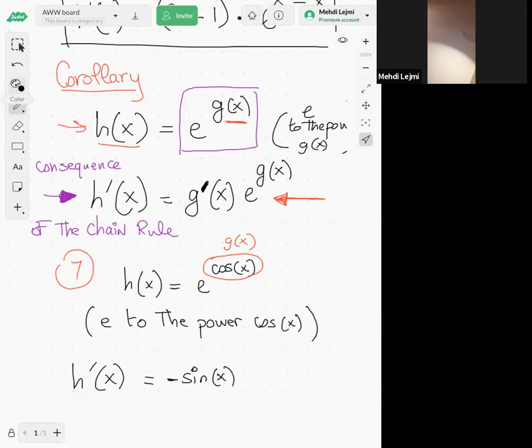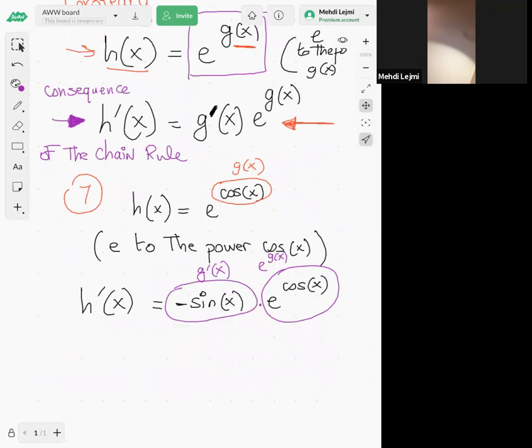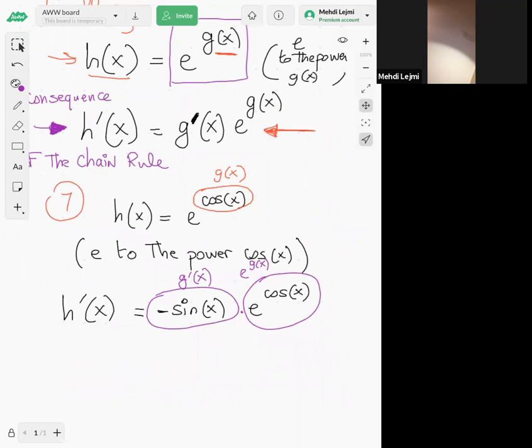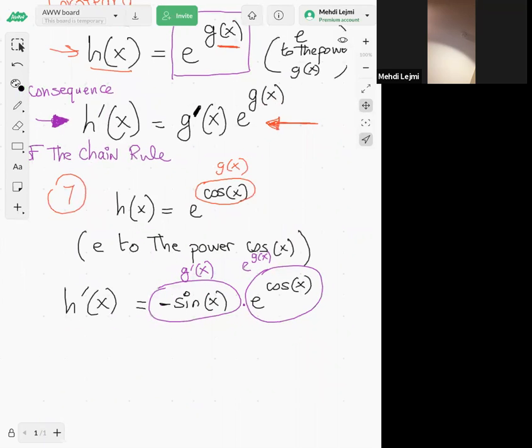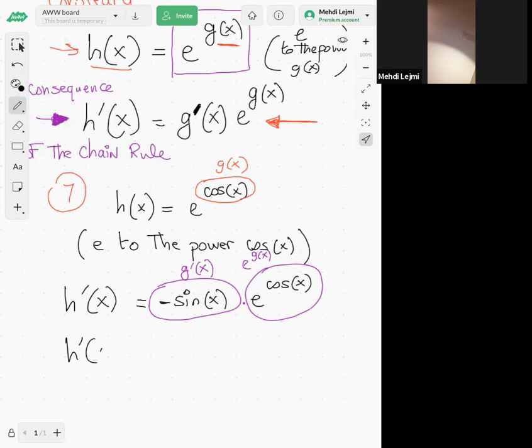So this is g prime of x times e to the g of x, which is e to the cosine of x. So that's the answer. h prime of x is minus sine of x times e to the cosine of x.